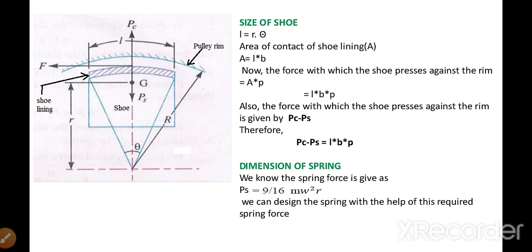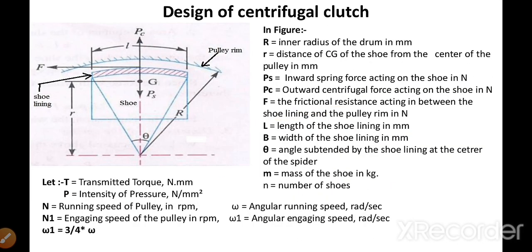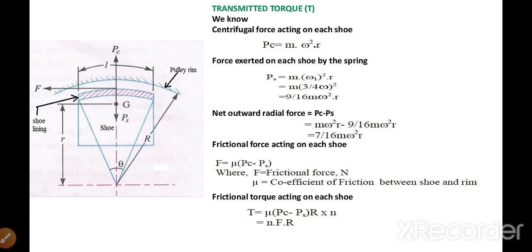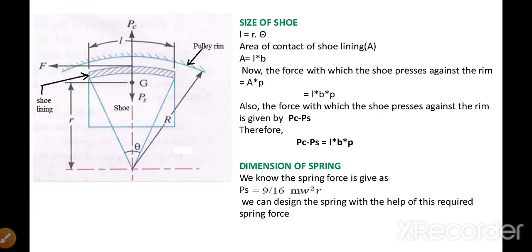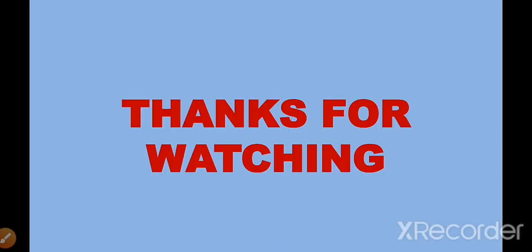So designing a centrifugal clutch means simply finding the mass of the shoe, then the size of the shoe, that is length and width, and then designing the spring. If we finalize all these design parameters, that means we have designed the centrifugal clutch. I hope you have understood the design of a centrifugal clutch.